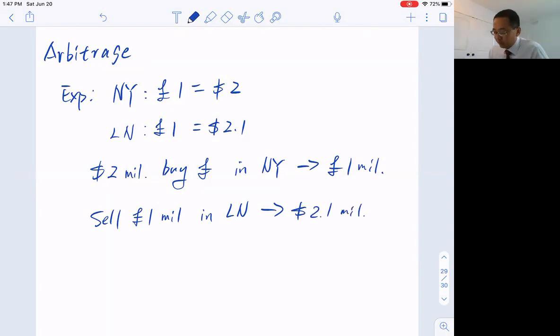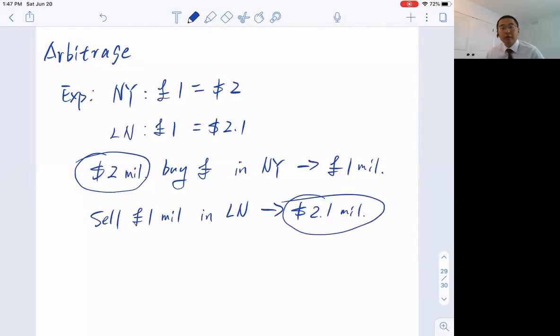So as soon as you're done with these transactions, you have turned your $2 million initial amount into $2.1 million in your account, immediately, right? You need to do these simultaneously because exchange rates change very rapidly, oftentimes several times a minute. So these only last usually a few seconds or by the minute, and you have to be very quick in executing these transactions.